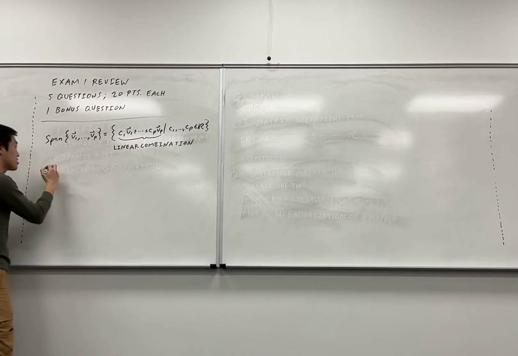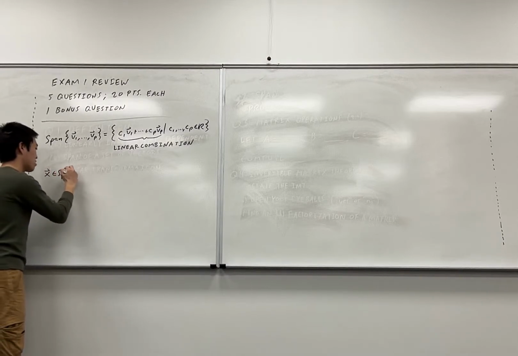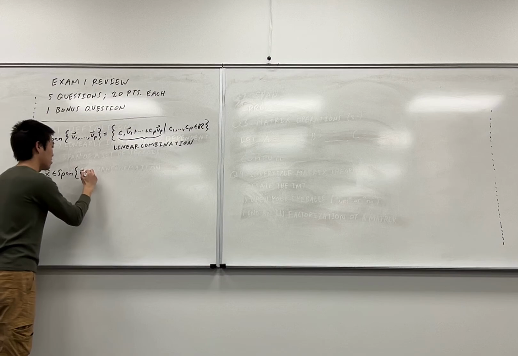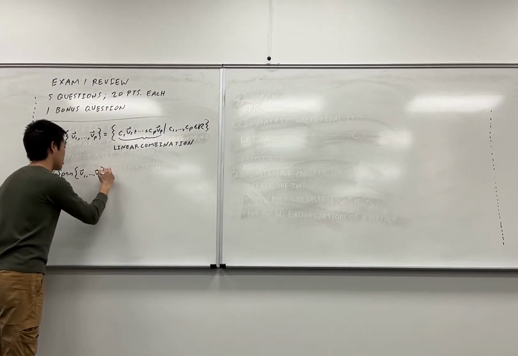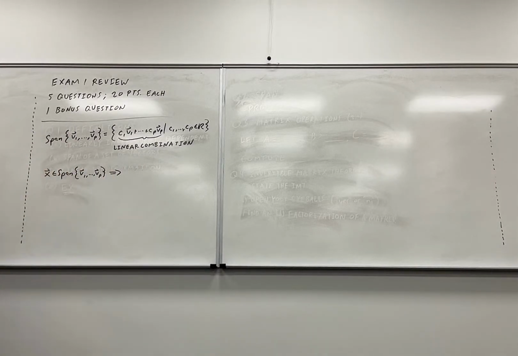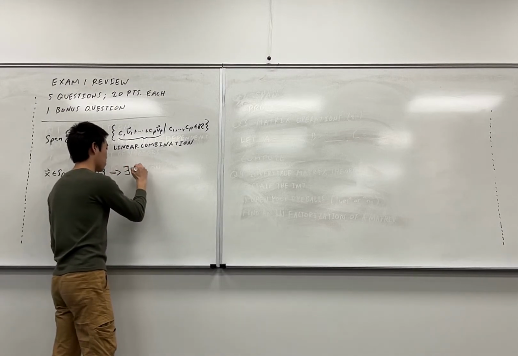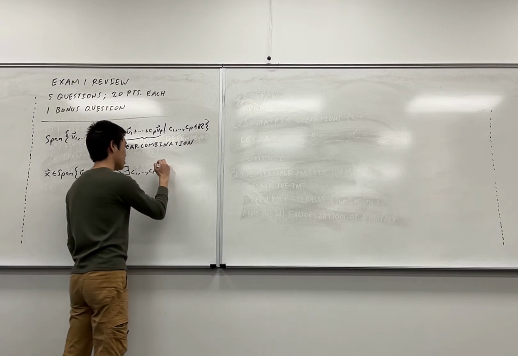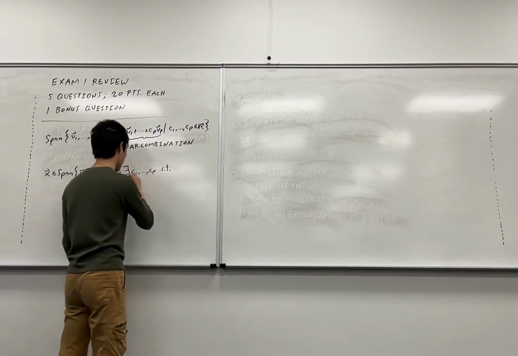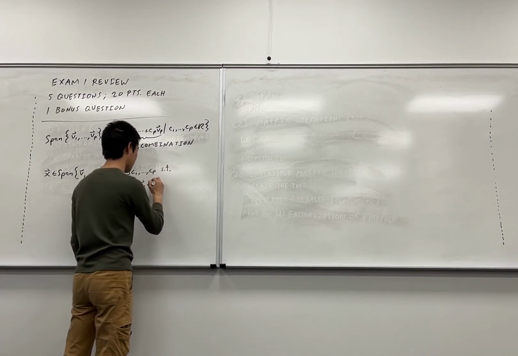So, what does the statement x in span v1 to vp signify? What does that actually imply? That some vector x can be created using some linear combination of the vectors. Exactly. There exist weights C1 through Cp such that I can express my vector x as a linear combination of those vectors.